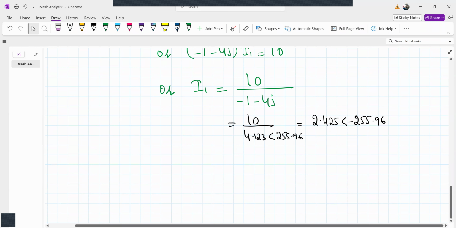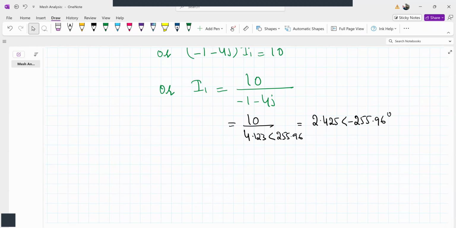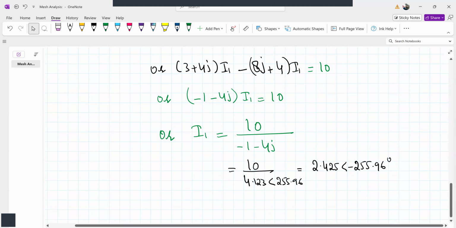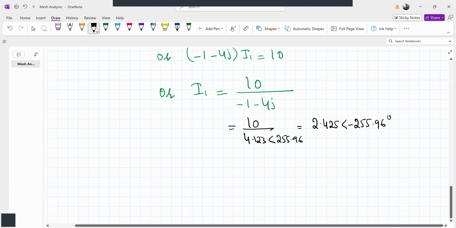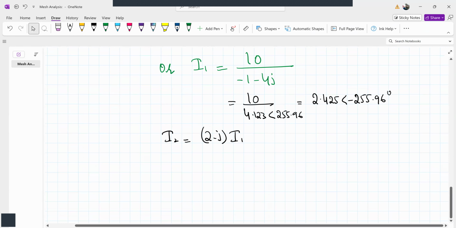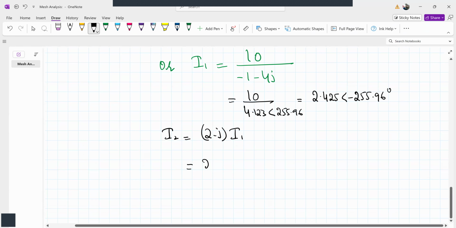Now, similarly, I2 is 2 minus j I1. Substituting the value of I1, so 2 minus j times I1.